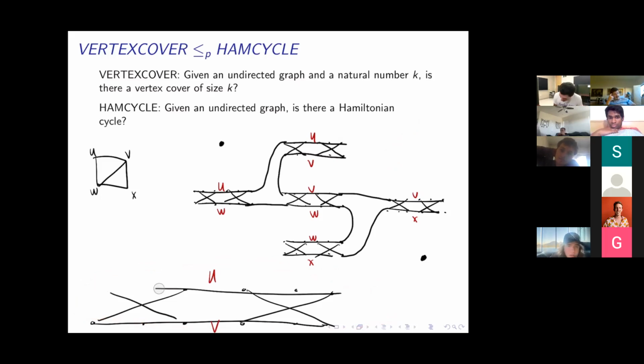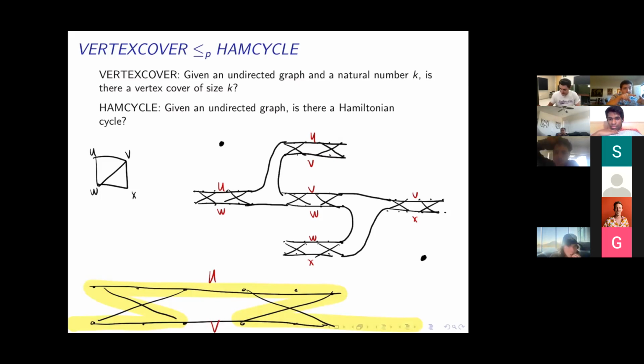It either comes in this way and goes out this way, or it comes in this way, comes down here and then comes up and goes out, or it goes the other direction from the bottom, comes in, goes across that way and goes out. Those are the only three ways this could happen.